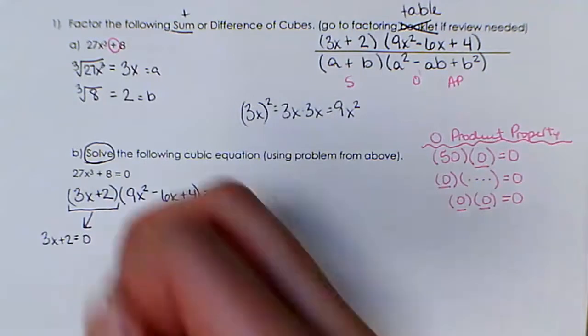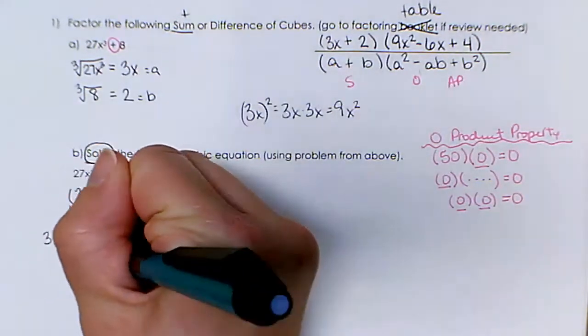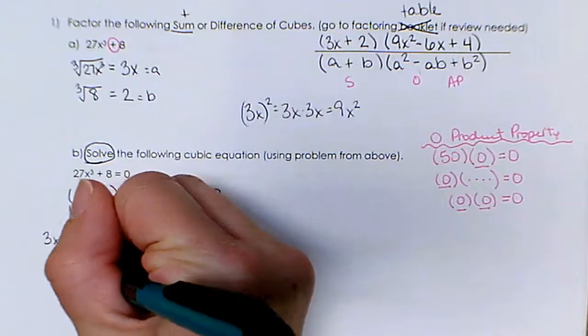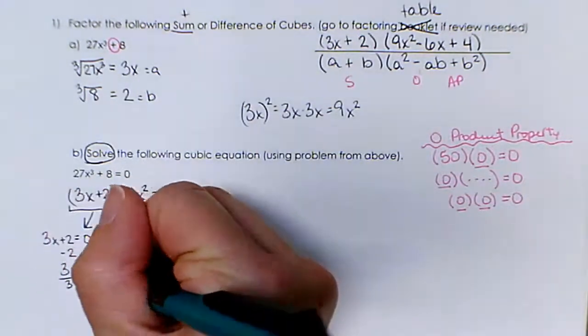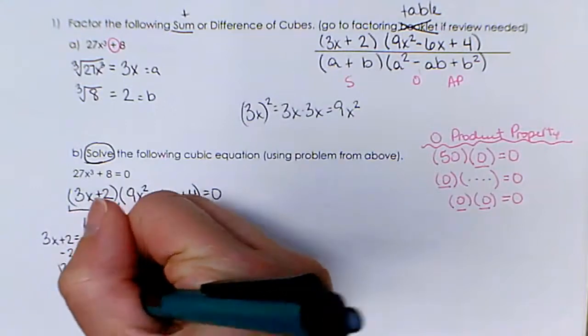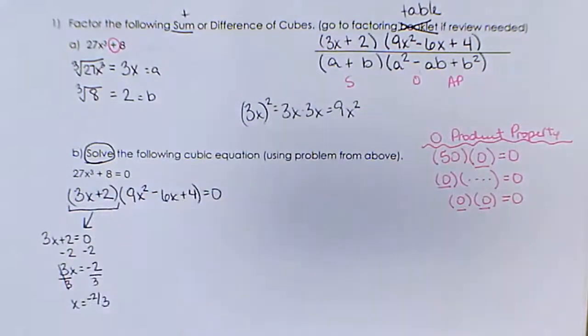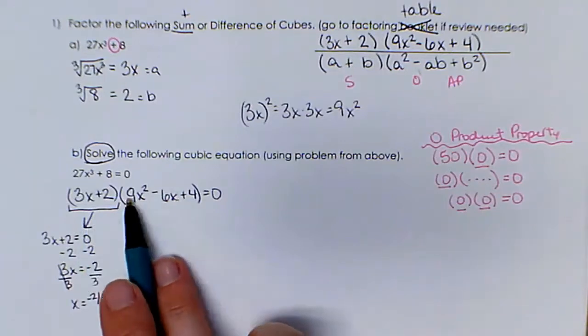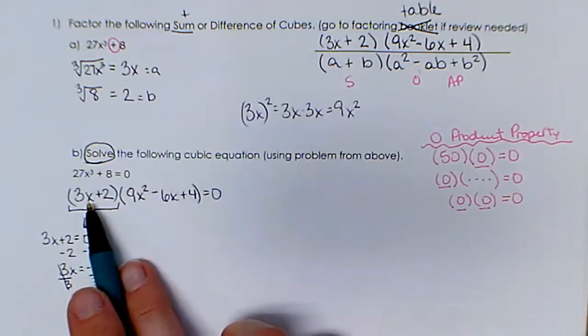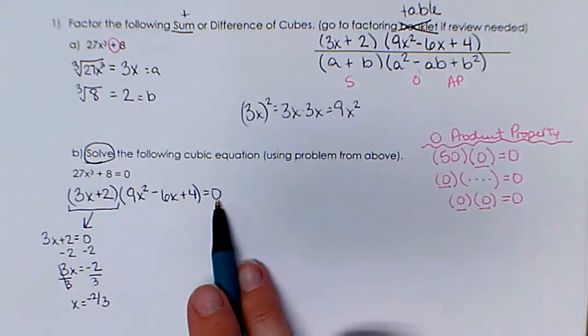Well, if I solve this equation and I subtract 2 from both sides, 3x equals negative 2. And if I divide by 3, I get x equals negative 2/3. So there's one x value. And if I give x the value of negative 2/3 and substitute it here, it doesn't matter what this is, because this term will be 0.